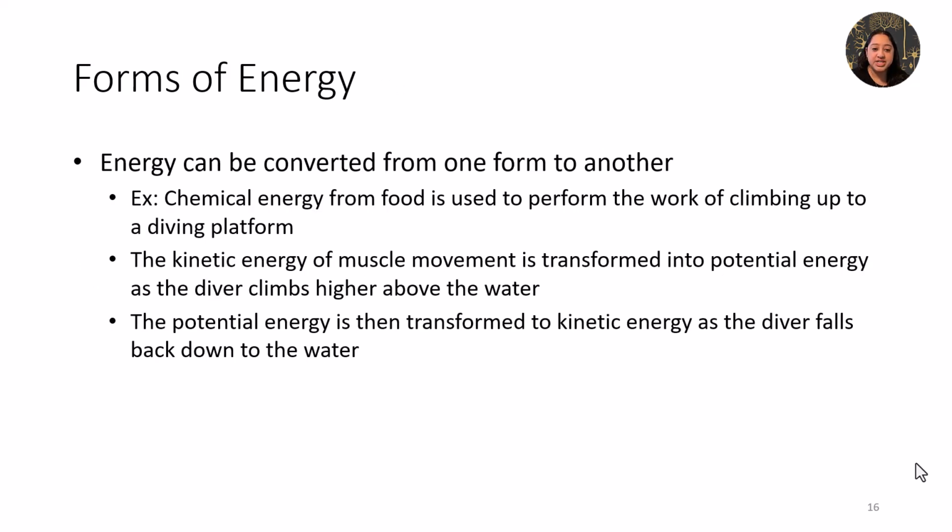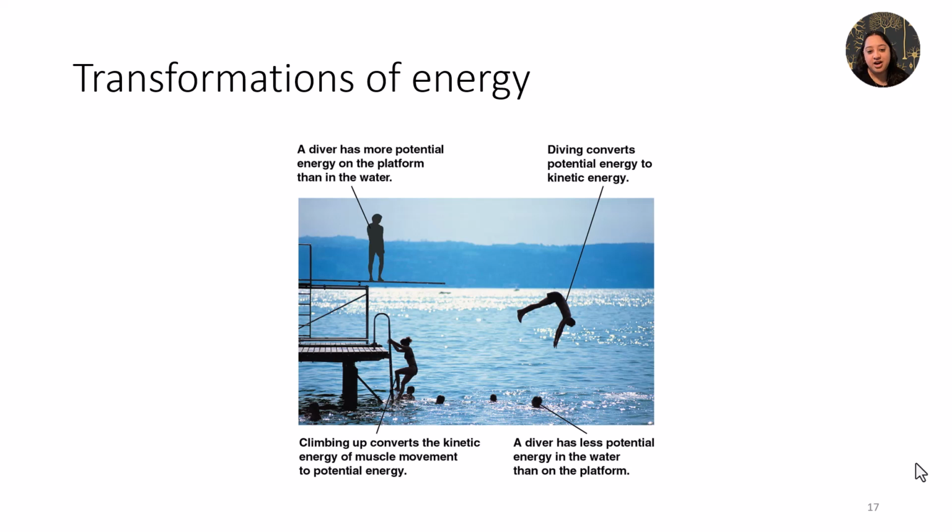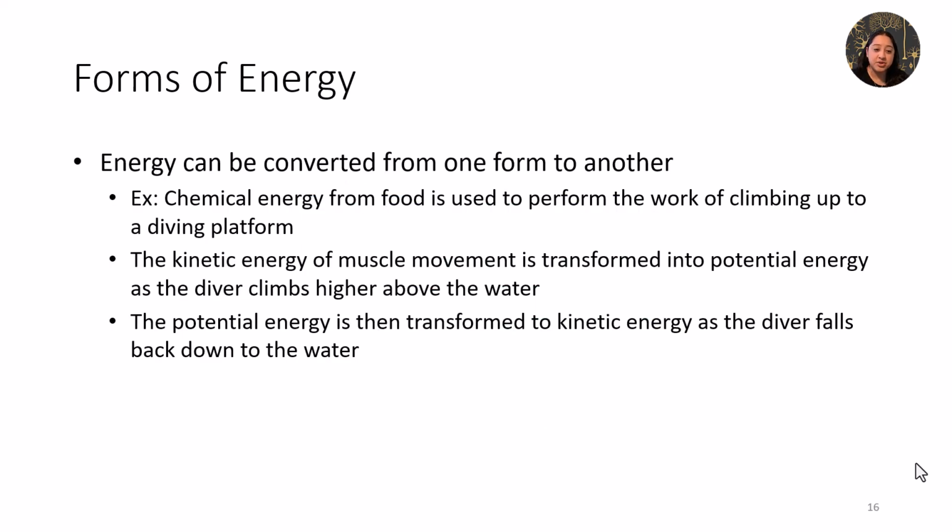And so energy can be converted from one form to another. For example, chemical energy from food is used to perform the work of climbing up a diving platform. I think this example is people diving into a lake. Chemical energy from the food that these people ate can be used to perform the work of climbing up a diving platform.